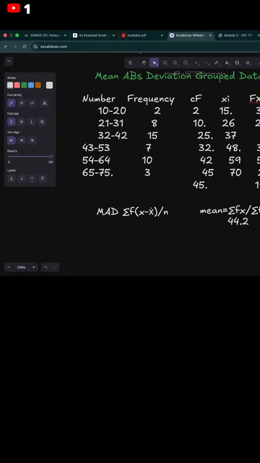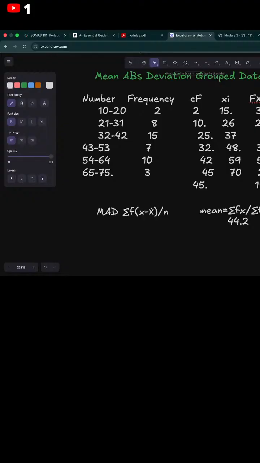Then 37 minus 44.2, get 7.2. The other one is 48 minus 44.2, we should get 3.8, and the other one is 42 minus 44.2, we get 2.2.